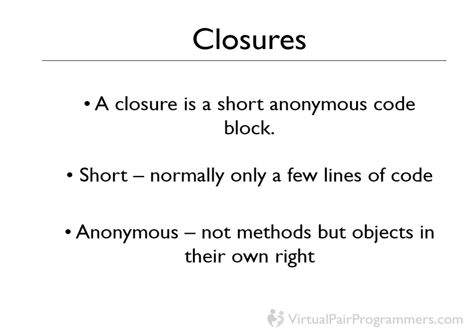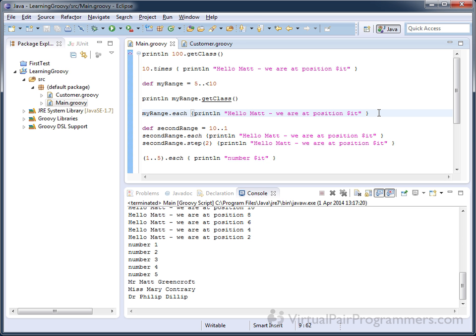So back to closures in Groovy. Now, we have actually already seen some closures in action. In the last chapter on ranges and looping, we saw this line of code here. Now, I hope you remember me saying that numbers are objects in Groovy, and the number 10 we're seeing here is an integer object.